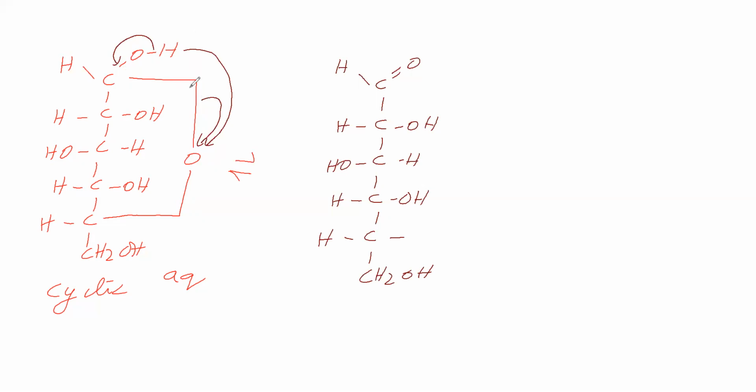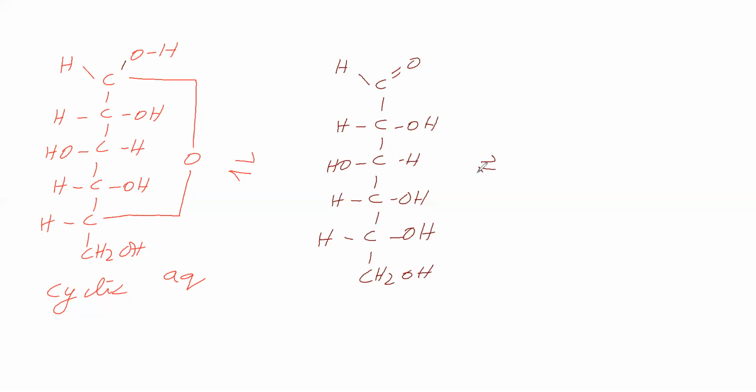This oxygen gets the bond, so becomes O minus. This O minus takes this H plus and becomes OH. Therefore the cyclic structure becomes the open chain structure.